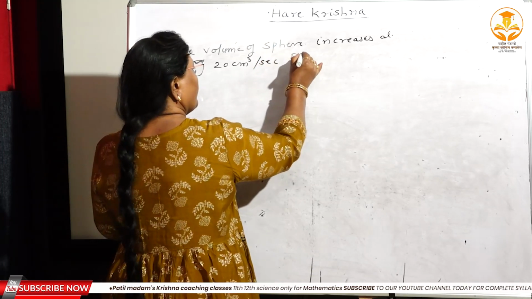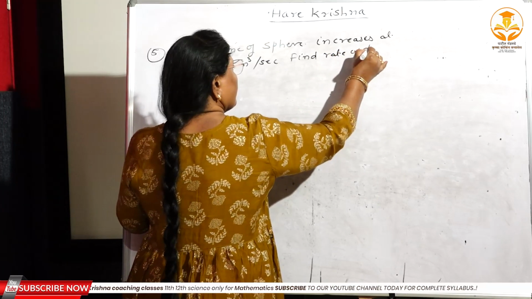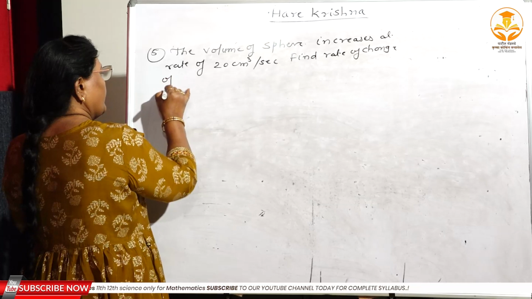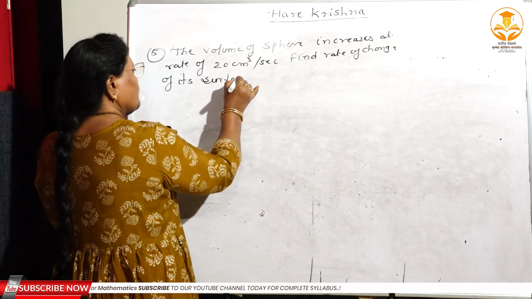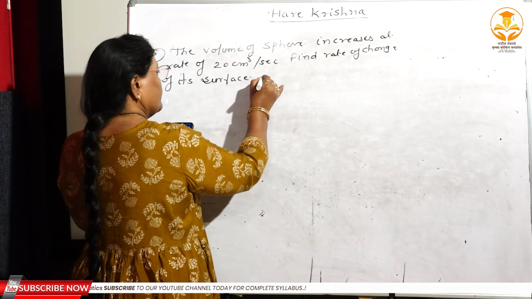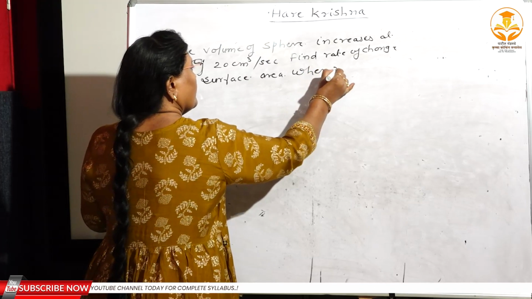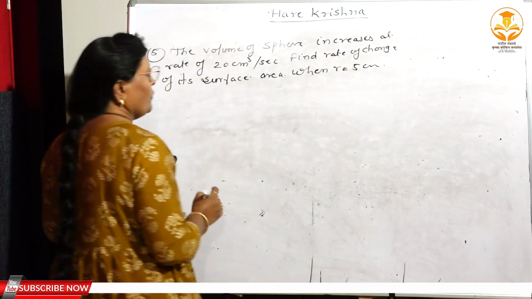Find the rate of change of its surface area when the radius is given as 5 centimeter, isn't it?